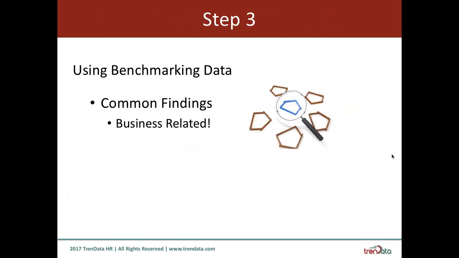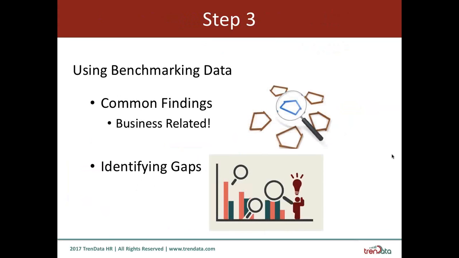So you're noticing a lot of turnover in a certain area, or you're noticing a lot of low engagement in certain areas. And what are the things that are affecting that? Could it be compensation? Could it be work-life balance? Could it be the ability to go into training?